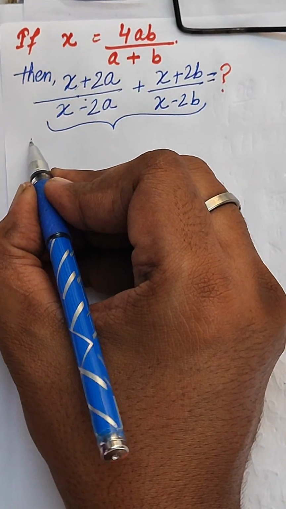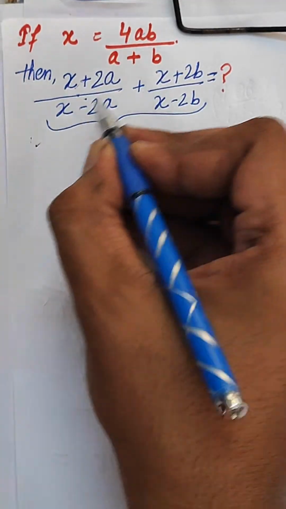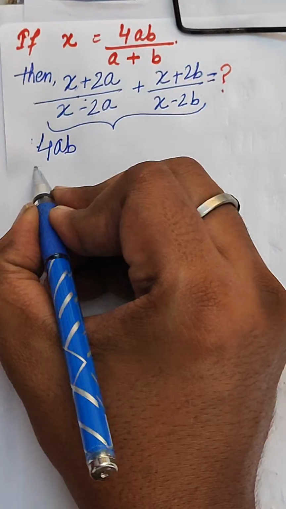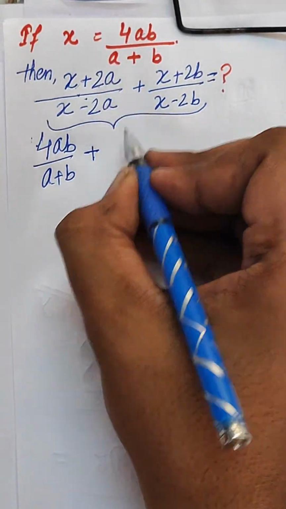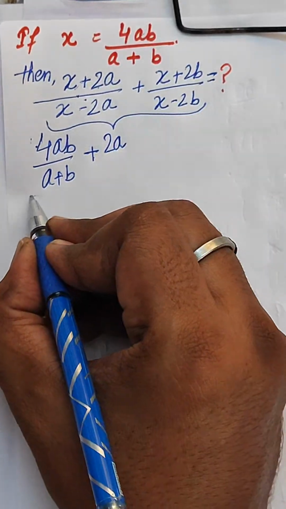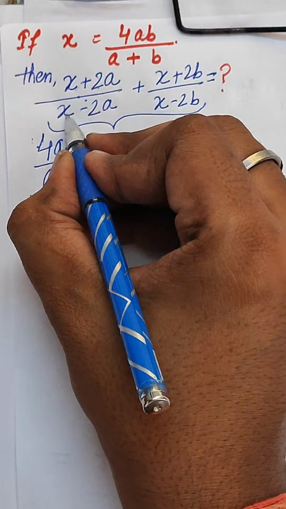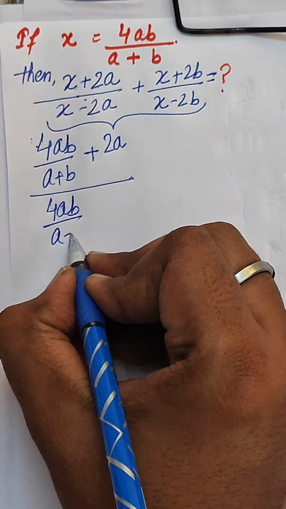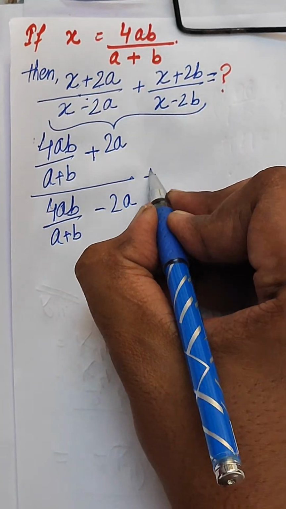Here, the given expression is equal to x plus 2a. So instead of x, write 4ab by a plus b. Then again, the second term is 2a divided by, just write here also the same value of x, 4ab by a plus b minus 2a. Then a plus sign is there.